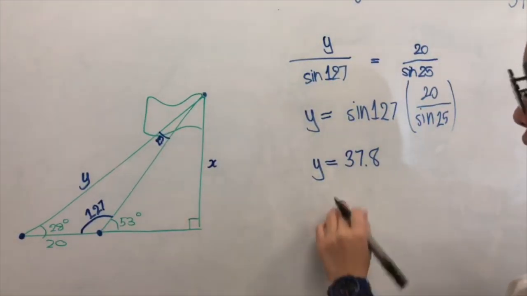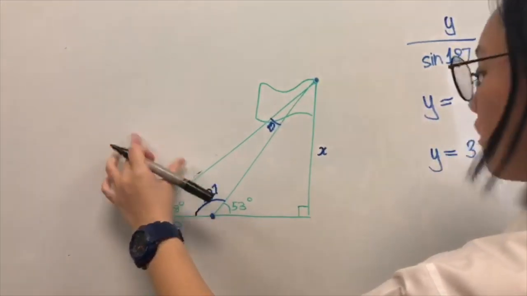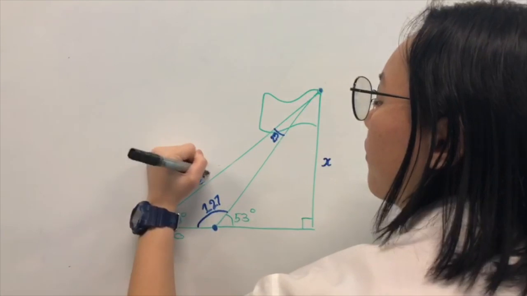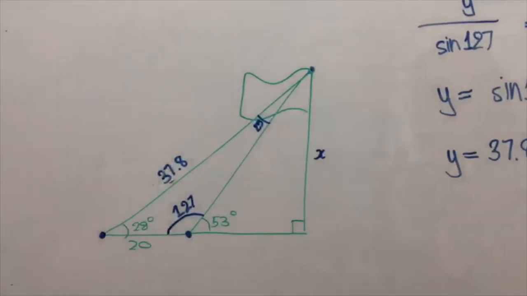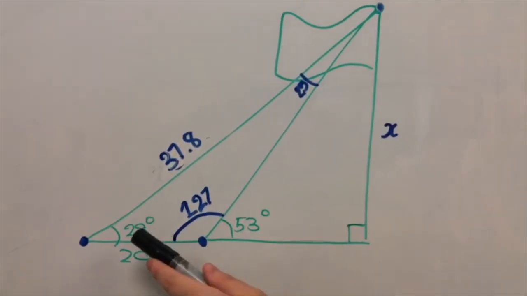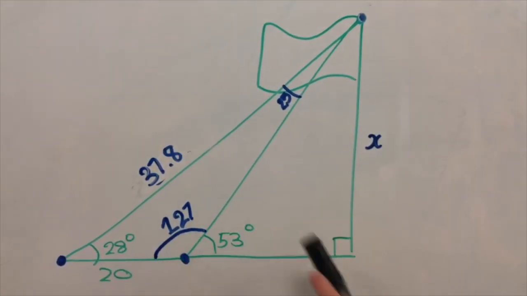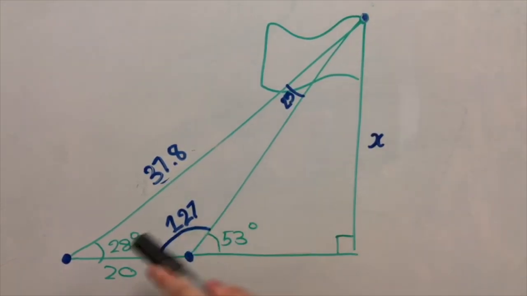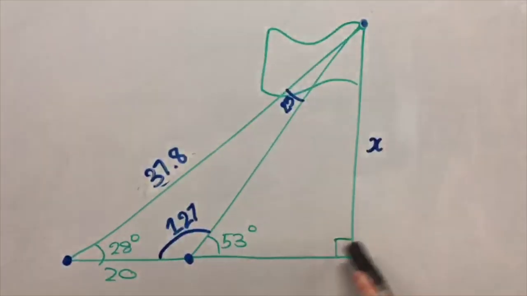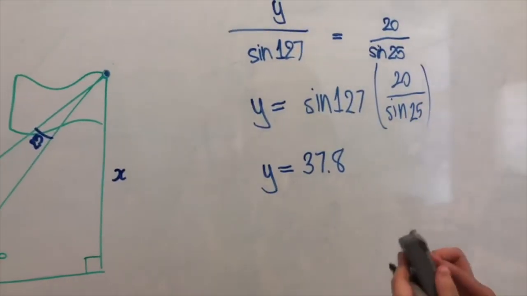Yeah. So right now I will change y into 37.8. Now you can observe that we already have two angles for this, which are 90 and 28, to calculate for the whole big triangle. So let me erase this. Okay.